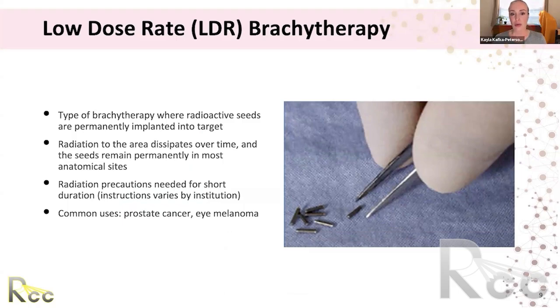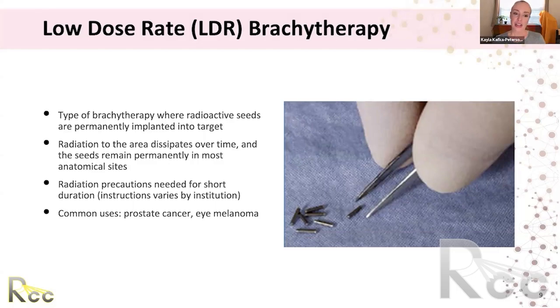It is where a radioactive seed itself, or a bunch of seeds, is implanted permanently into a target. For example, for prostate cancer, many radioactive seeds will be implanted directly where they need to go, and they will give off radiation over time directly in the tumor or in the tumor bed. And then after a while, they become inactive and they're just permanent seeds that don't have any more radiation after however much duration.